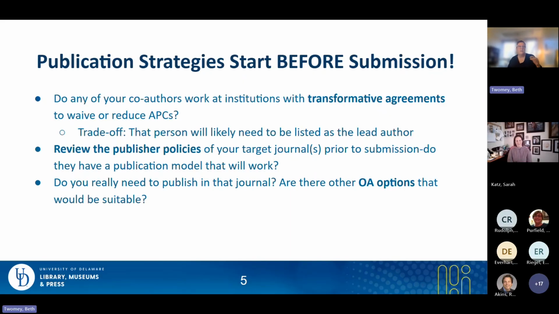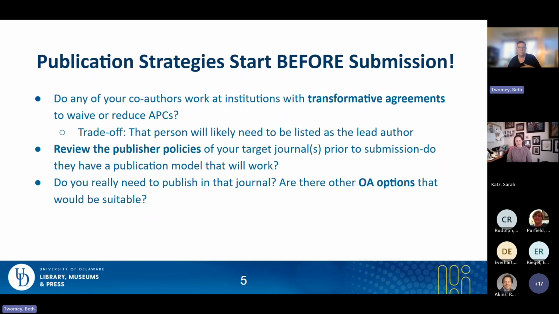That means an agreement between the institution and a publisher that is paid for. The institution pays for this so that its researchers can publish at no or at a reduced cost. UD has some with Wiley, with Springer, a couple other places where our faculty don't have to pay APCs.